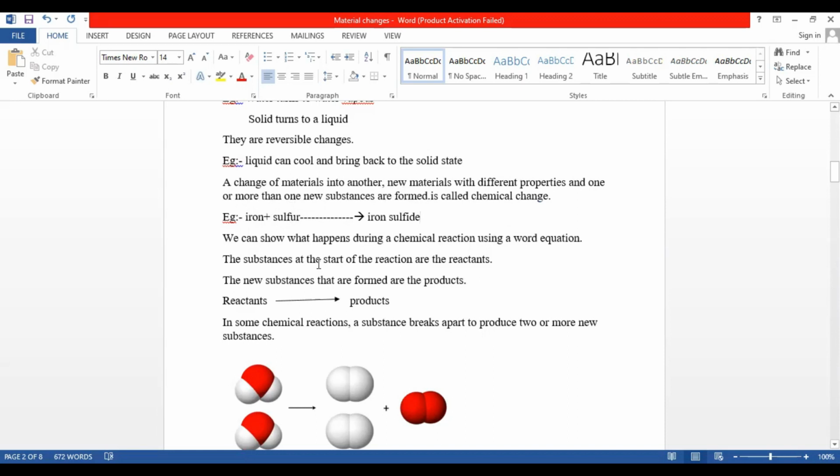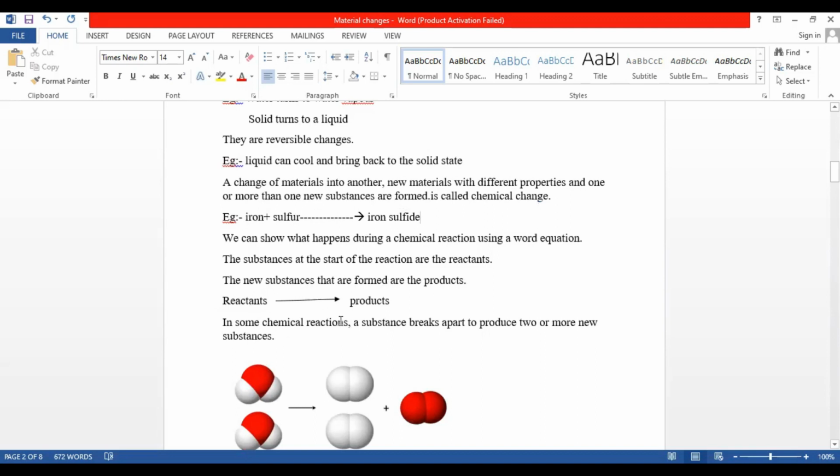The substances at the start of the reaction are the reactants, and the new substances that are formed are the products. In this reaction, iron and sulfur are reactants, and the iron sulfide is the product. And you can see the reactants are changing or transforming into products during the chemical reactions.